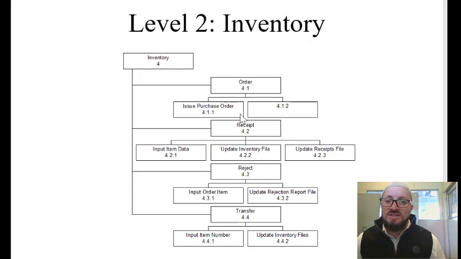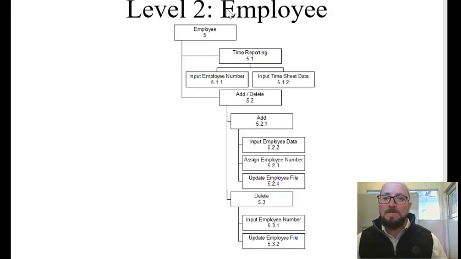These themselves have sub processes which will come on level 2. Employee again, number 5, which has the sub processes time reporting and add delete. And add delete has a process as add, and it has sub processes like input employee data, and so on.